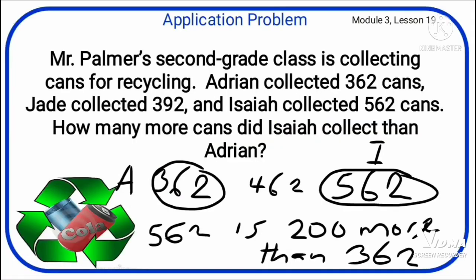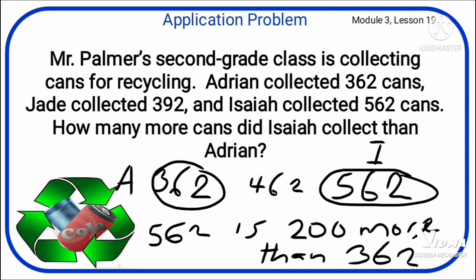Alright, let us look at this application problem. Mr. Palmer's second grade class is collecting cans for recycling. Adrian collected 362 cans. Jade collected 392, and Isaiah collected 562 cans. How many more cans did Isaiah collect than Adrian?